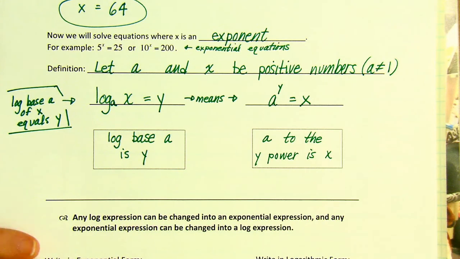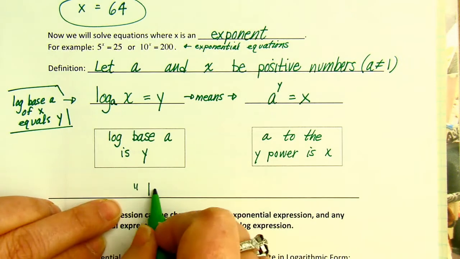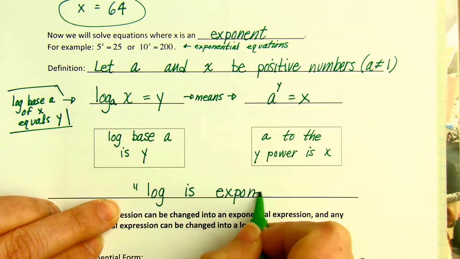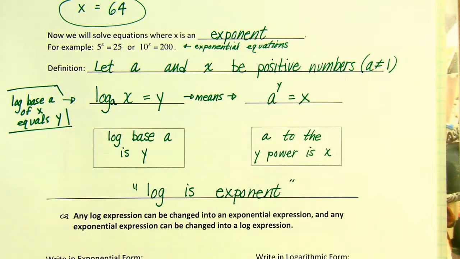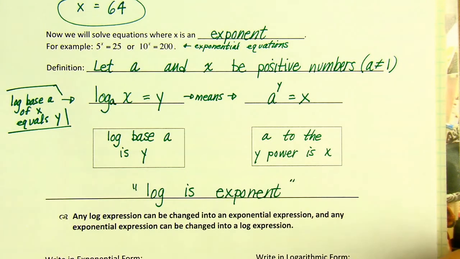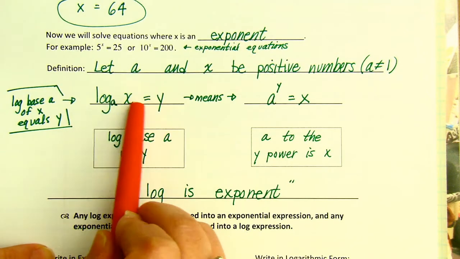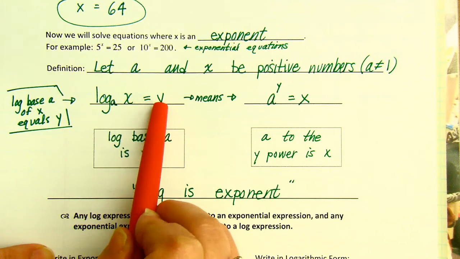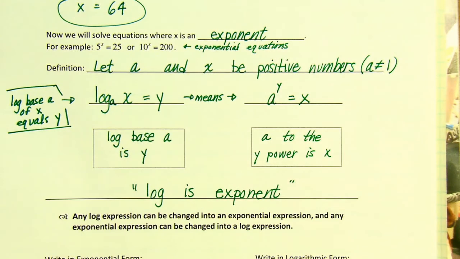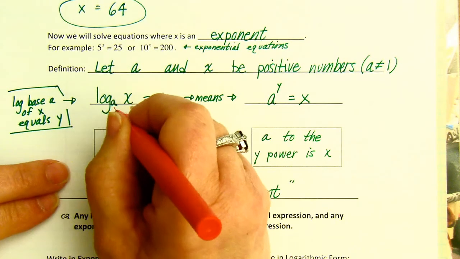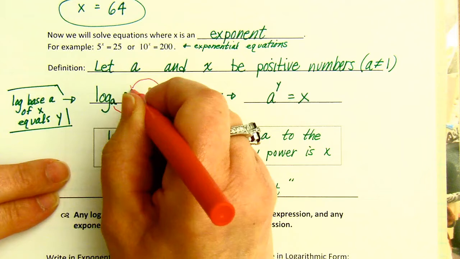And now remember and memorize the phrase "log is exponent." "Is" in math typically represents equals. If I look back up here, log is exponent. This thing is the exponent. Folks, it's like I'm making a little spiral as such.